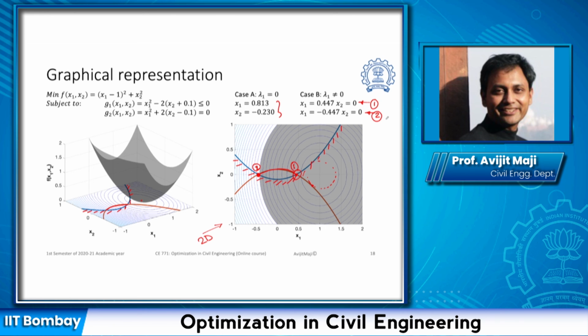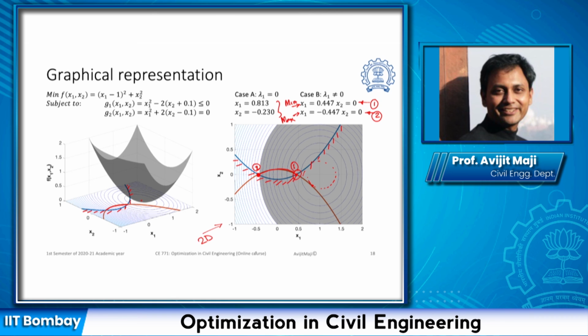Now if you recall, we said at point number 1 this one was minimum, and it is clear from here that the objective function is going to be minimum here and the objective function is going to be maximum here. So this is going to be the maximum. So this is how we can understand the solution for the two variables.